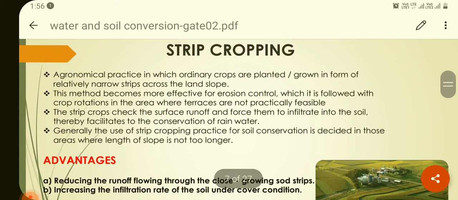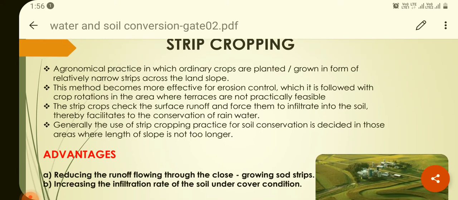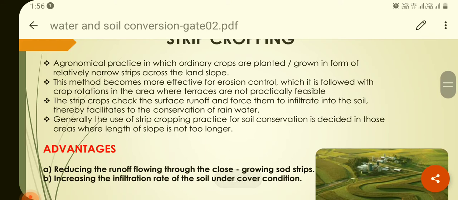Next, we'll see about strip cropping. These are agronomical practices in which ordinary crops are grown in the form of relatively narrow strips across the land slope. This method becomes more effective for erosion control when it is followed with crop rotation in areas where terraces are not practically feasible.